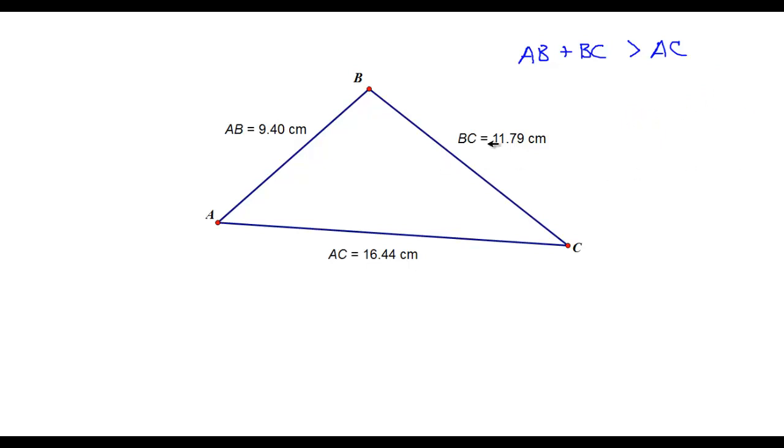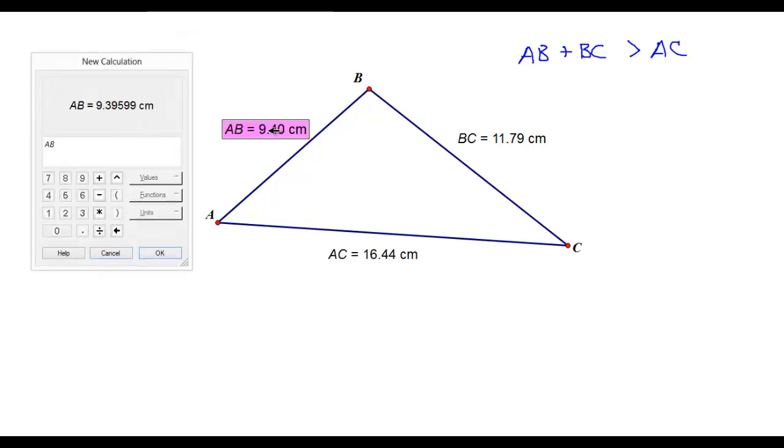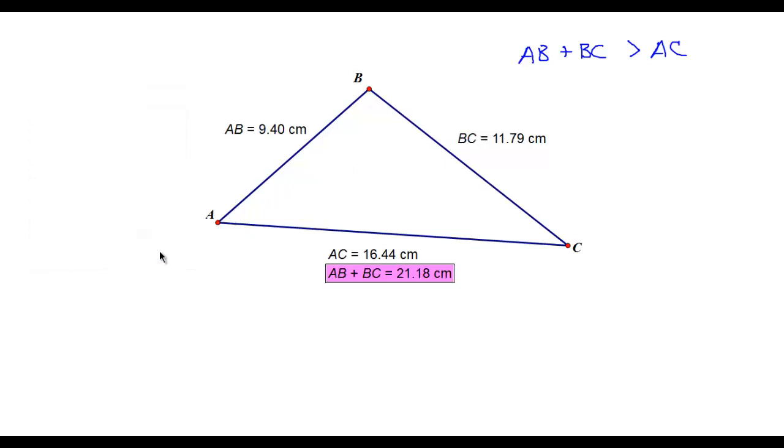So when you look at this triangle that I have here, what we're saying is that AB plus BC, okay, so right here, AB plus BC has to be bigger than or greater than 16.44. And you see that it is, right? I'm adding up AB plus BC.